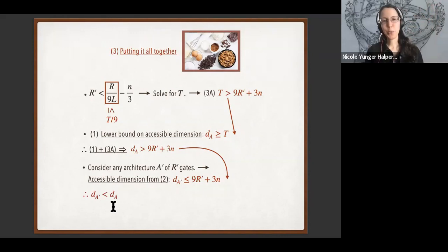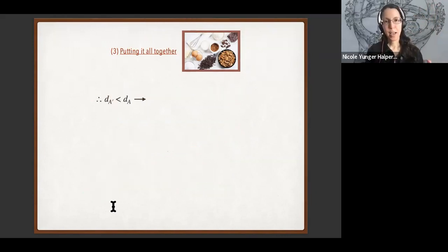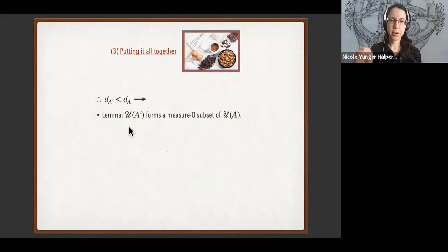That inequality is so important, I'm going to rewrite it. And it implies that the set of all unitaries you can implement with this smaller architecture forms a subset of the set of all unitaries you can implement with a bigger architecture. Furthermore, this set you can implement with a smaller architecture is a subset of measure 0.